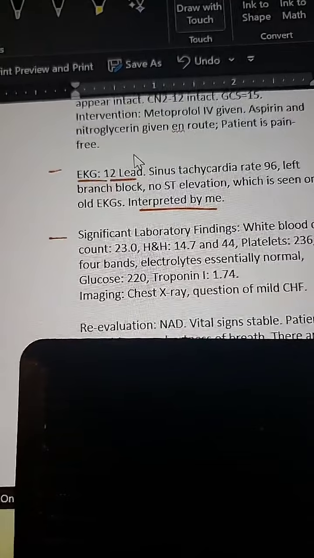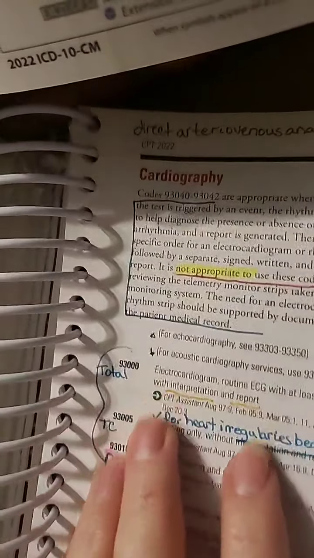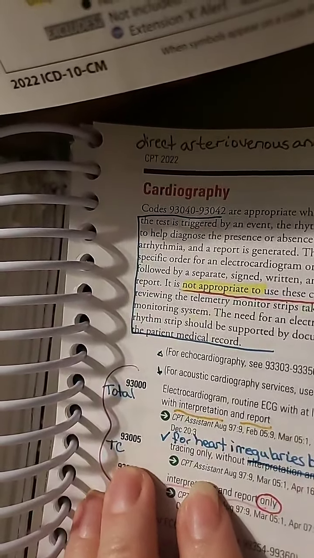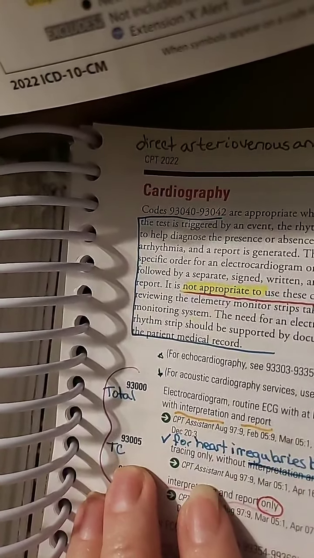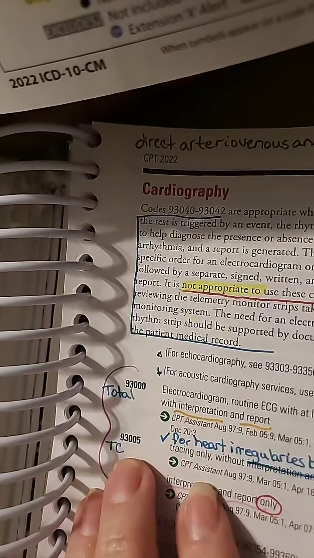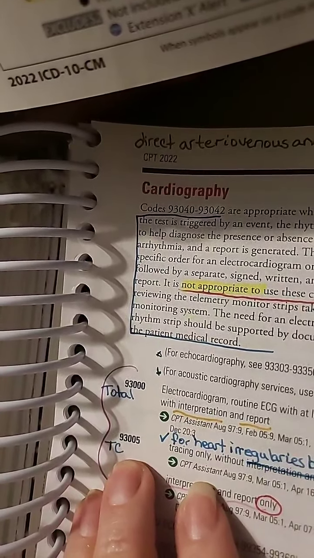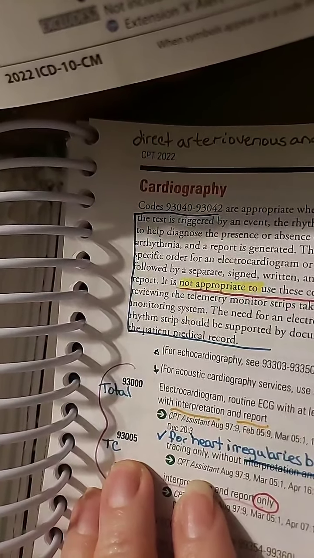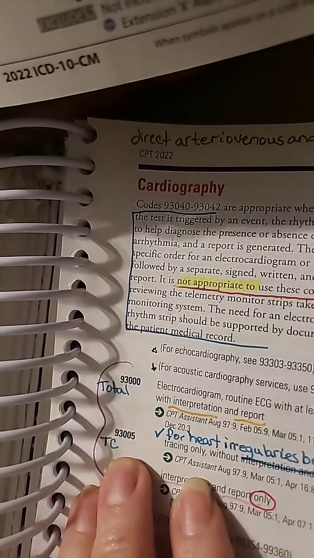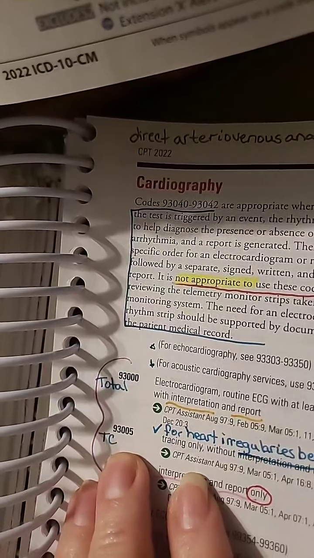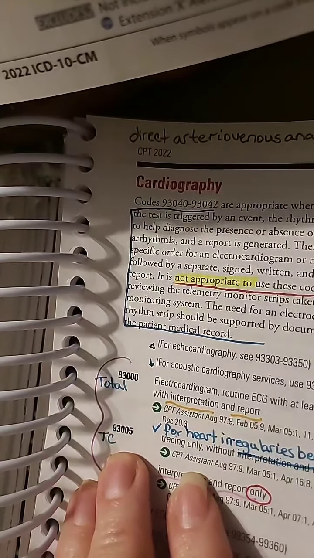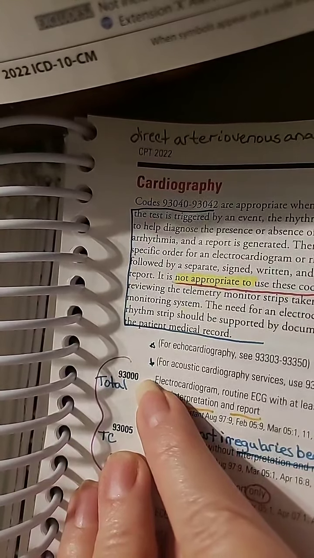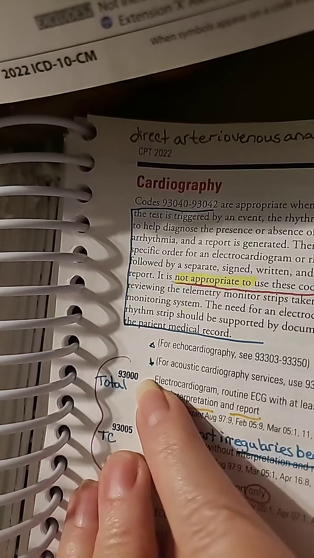So what I've done here on mine is if it's a technical component from the place, it's the 05, but if it's the person who's reading it, they're going to get the bonus brownie points for reading the EKG. We're not sending it out electronically and having some doctor off-site read the EKG.